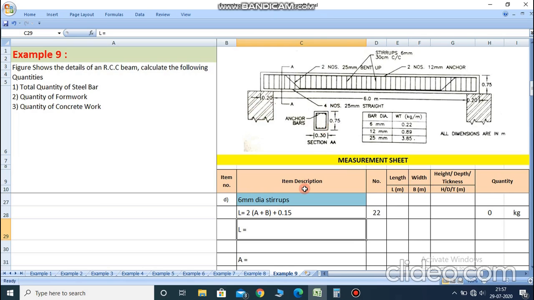For finding out the A value, first we take A is equal to 0.3 minus 2 times cover 0.025, so it's 2.5 centimeter cover, minus 2 times the diameter of the stirrups, 0.006.